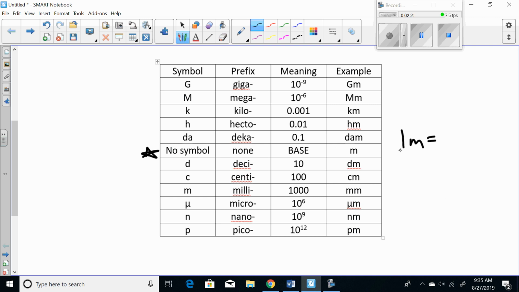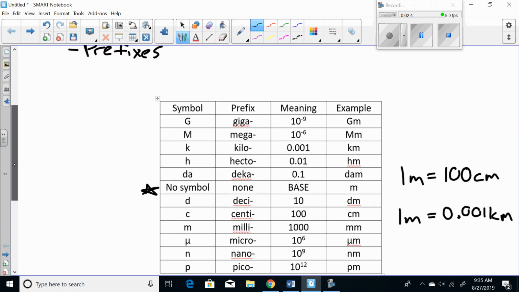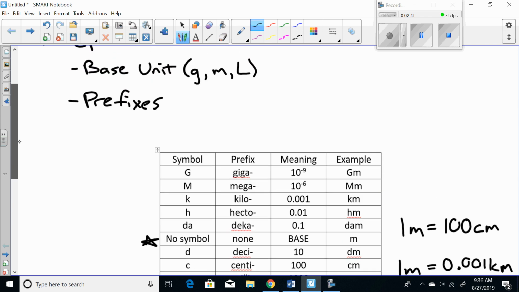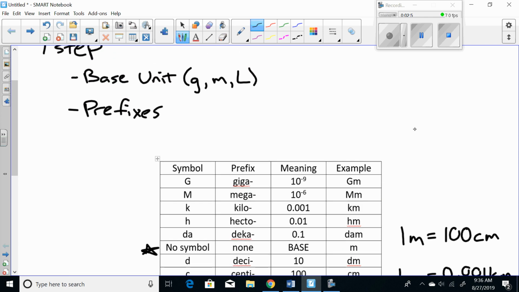So what that means is that 1 meter equals 100 centimeters, which is one that you may know. 1 meter is also equal to 1,000th of a kilometer. That's because a kilometer is a lot bigger than a meter. Therefore, 1 meter does not even equal a full kilometer. Each one of those prefixes has a number that goes with it.